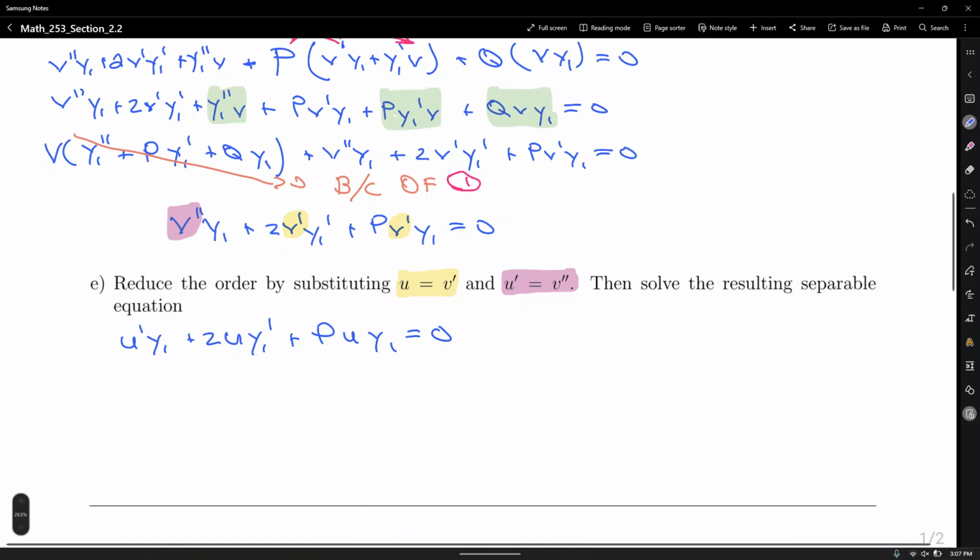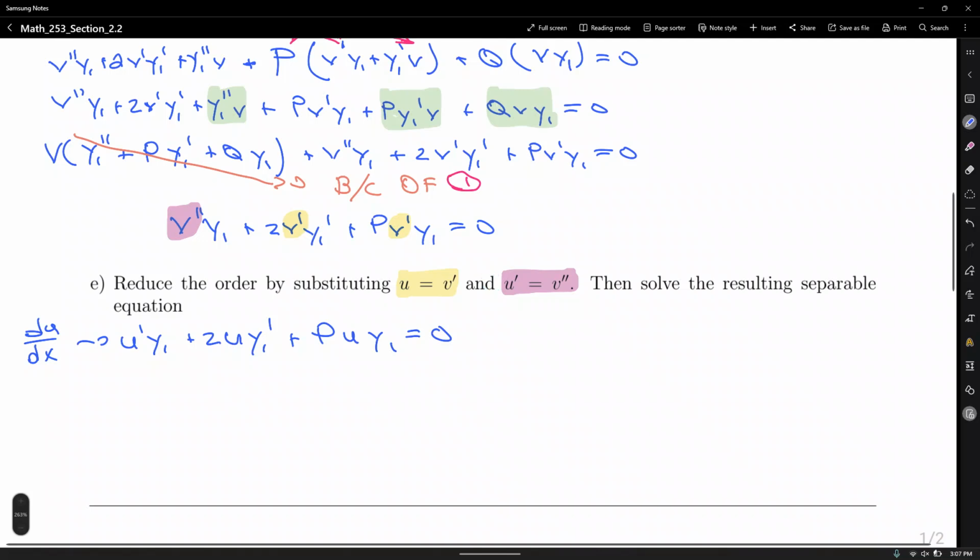Before doing anything, this will be some du dx. Keep in mind everything is dx here, only this u prime. Now, what I'm going to do next is move the other two terms to the right hand side, factor it out, and divide out to solve a separable equation.